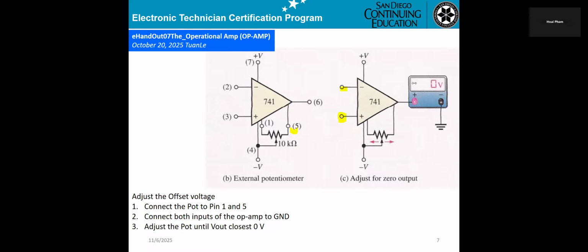If it is not 0, adjust the pot, okay, until V out is close to 0. So if you understand that one, you have no problem when you do the lab, up to the point you need to work on offset voltage.